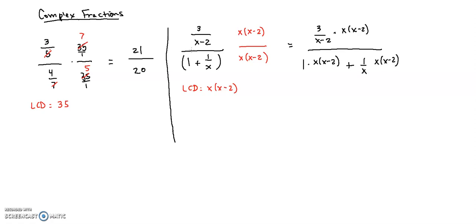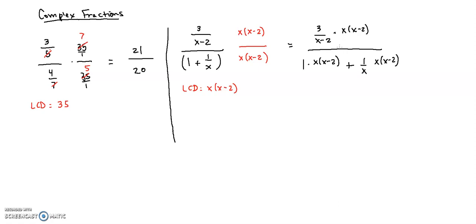If you look at our original problem, when we multiply by the same thing on top and bottom and distribute, you should see that every single term ends up getting multiplied by the LCD. So you multiply on top and bottom, and then you distribute.